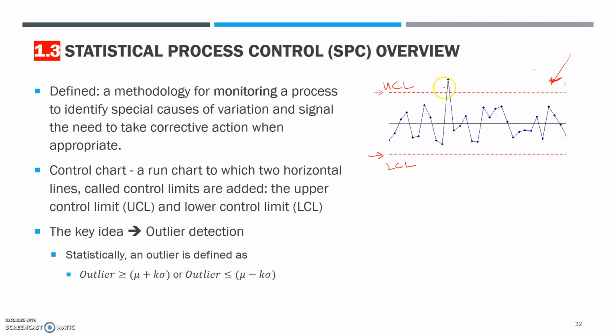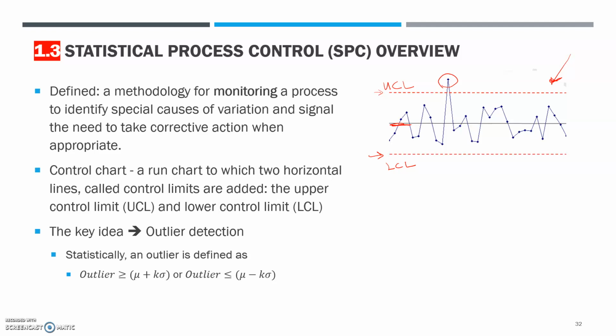When something falls outside of the control limit, that usually means something is happening in your process. You need to stop and investigate. There's also a center line, which is the process average, and you plot these dots as they happen. One thing you don't want to see is a dot falling outside of the control limit. If it does, you need to stop.